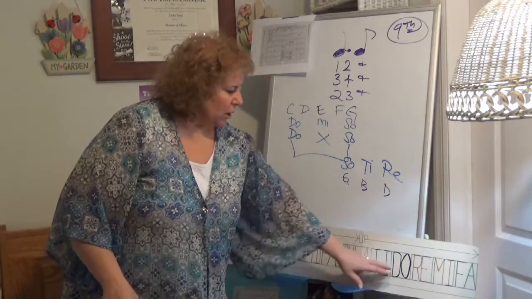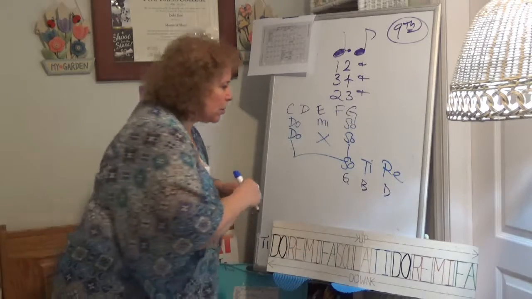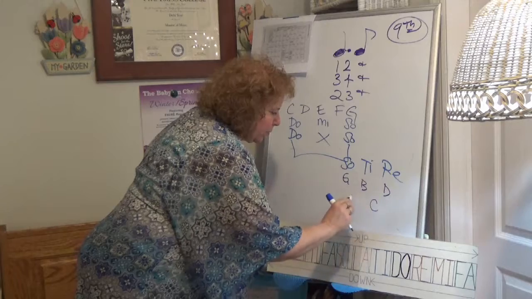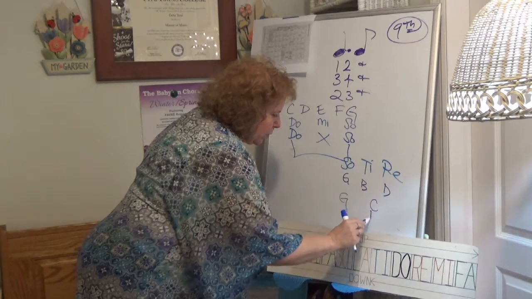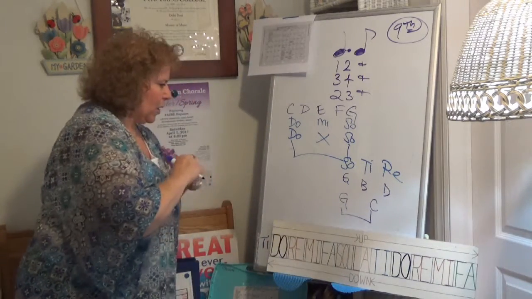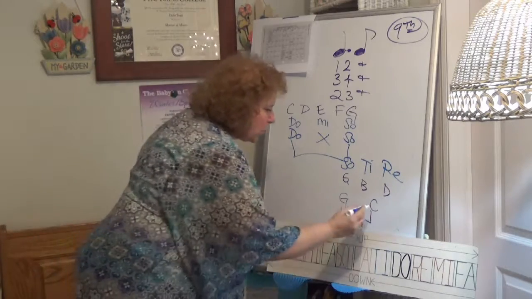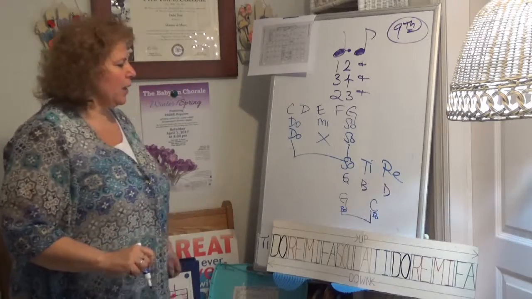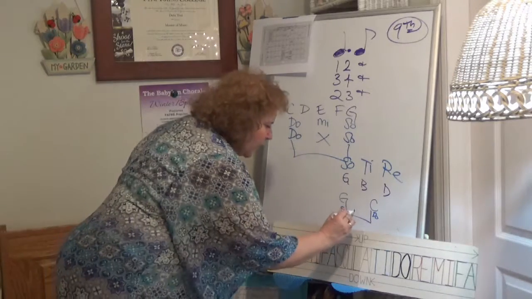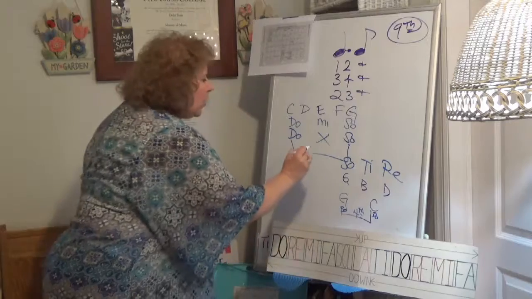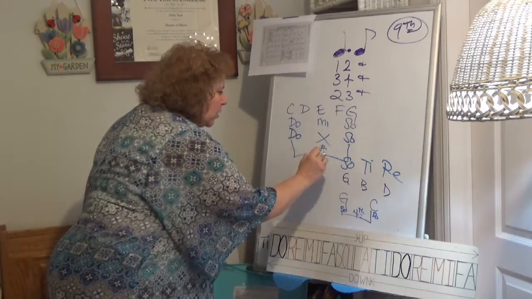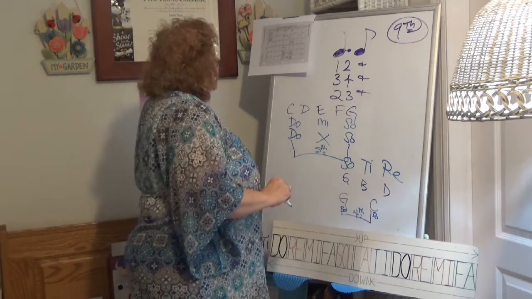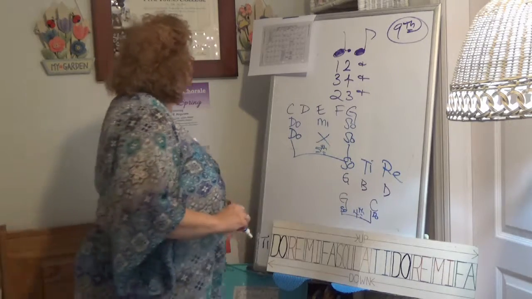But this C down to G would be this one, and that is do down to sol. Okay? That's a fourth, my friends. This is a fifth, my friends. We have songs that help us with those kind of things. All right, and then the last, sol, ti, re, that's done.